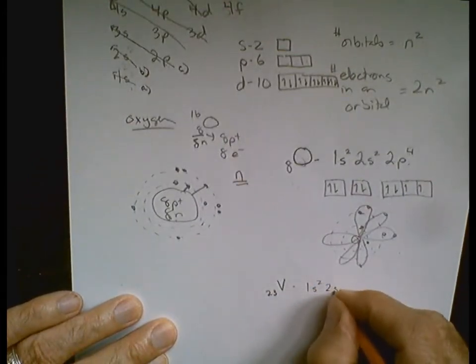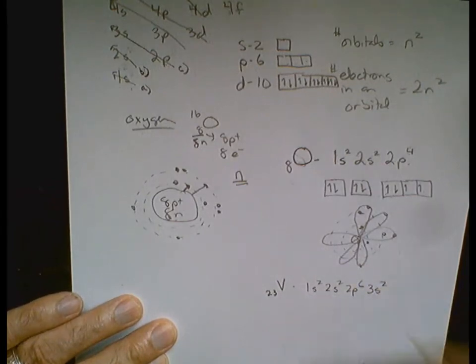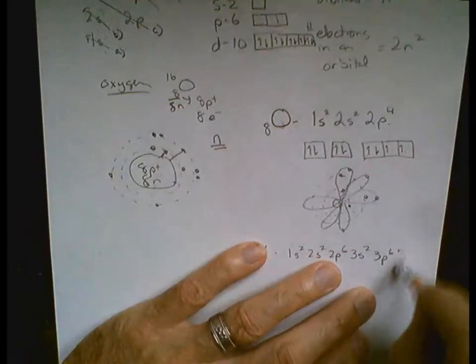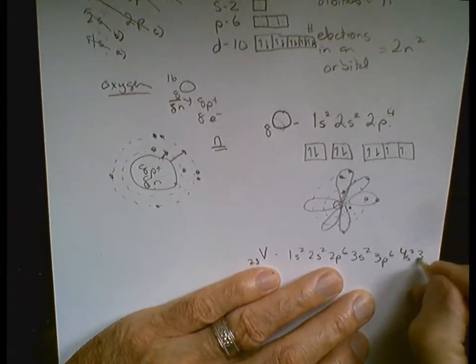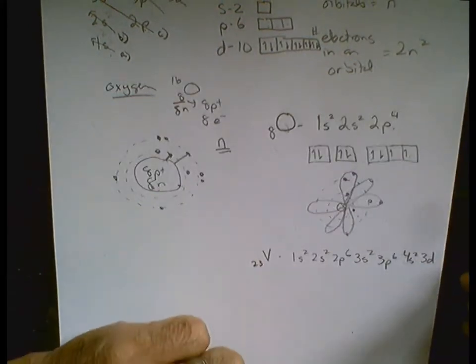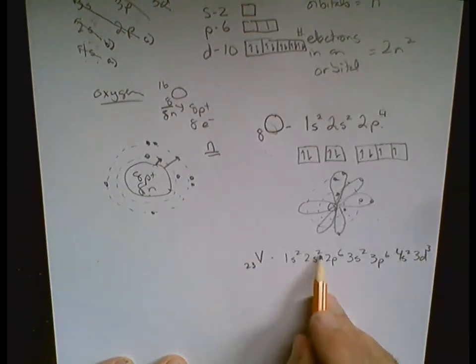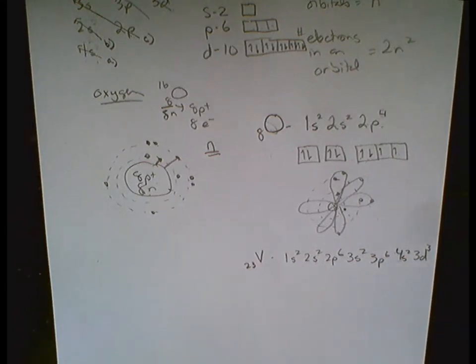So all you do is start adding in from the beginning, just follow that chart until you get to the vanadium. So you should go back and check what I did to make sure I did this right. And the vanadium is the 3rd one in. If you count up all your electrons, you should hit 23 electrons.